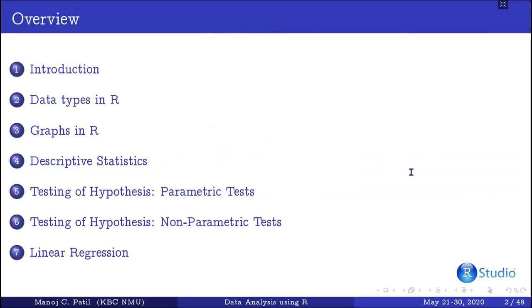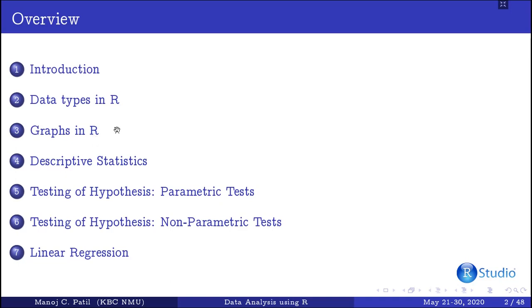Okay, let's move. Here is a brief overview of my presentation. Firstly, we will have some introduction related with the R software, then data types used in R, graphical representations in R, for example, histogram, pie chart, scatter plot, bar plot.